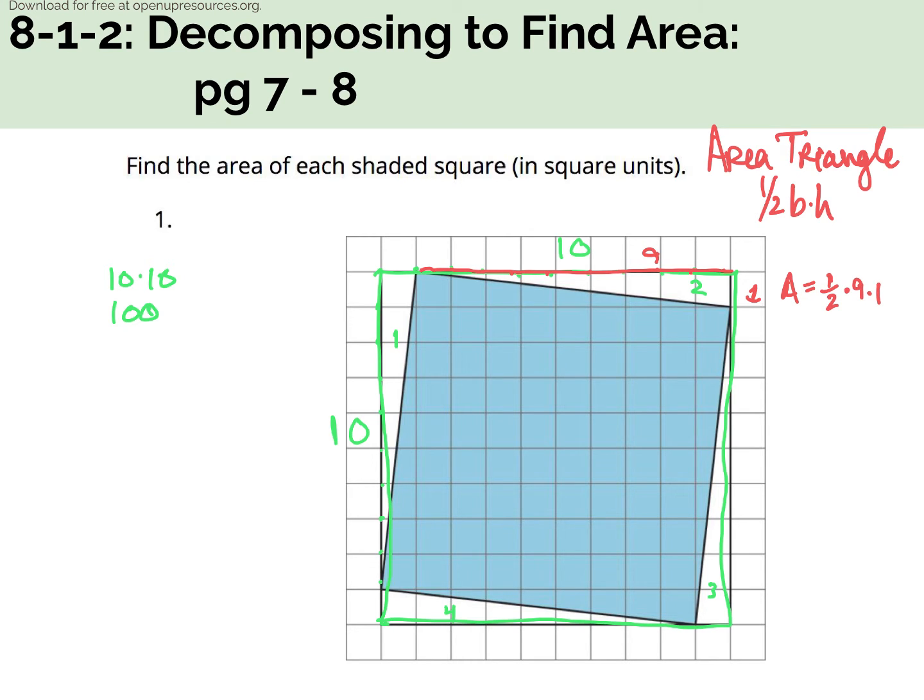So let's grab our calculator and do 1/2 times 9 times 1, which is 4.5. So each of these triangles is 4.5. And how many of them do we have? We have 4 of them. So the total of all the triangles is 4.5 added up 4 times.